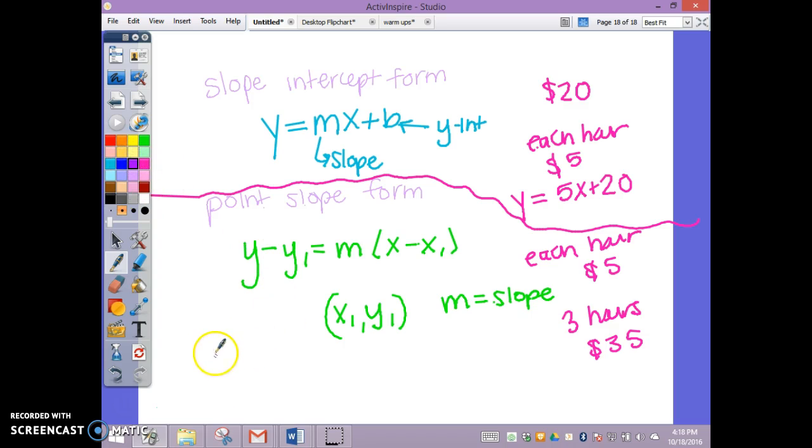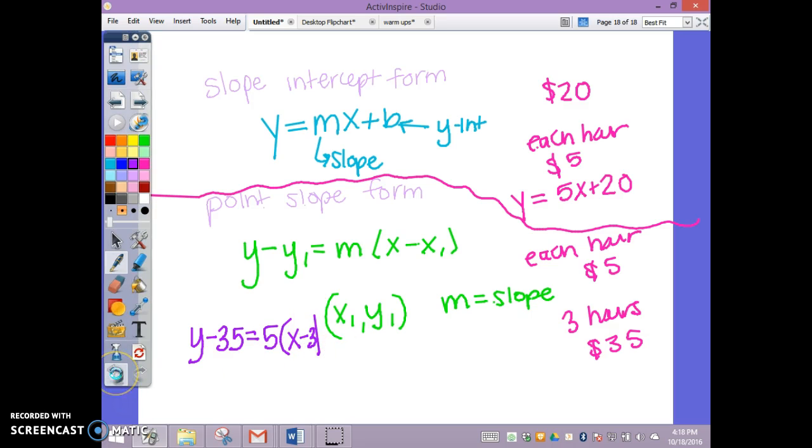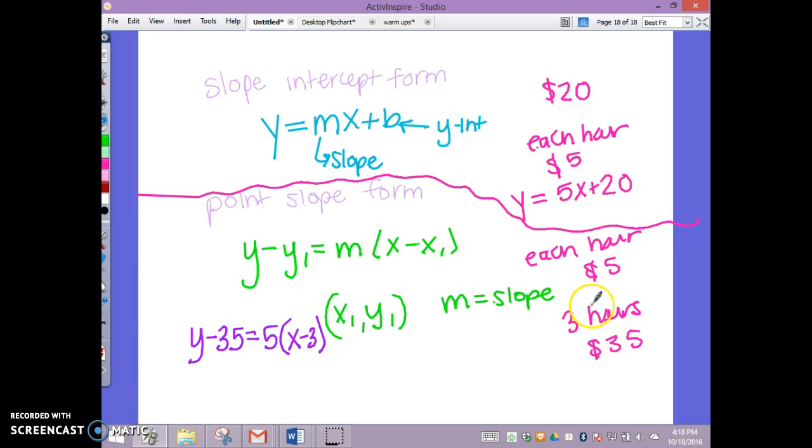So I'm going to write my equation as y minus 35, plugging in that $35 for y, equals still $5 an hour, still a $5 slope, and then I have x minus 3. Most of the time your independent variable, your x, is going to be time if you have that choice.